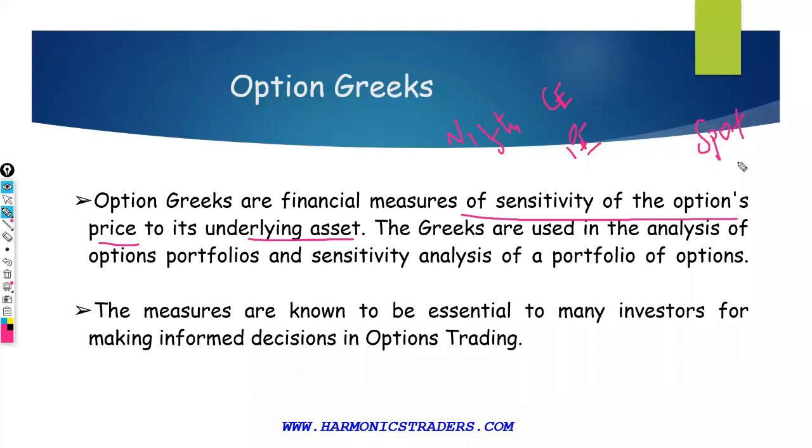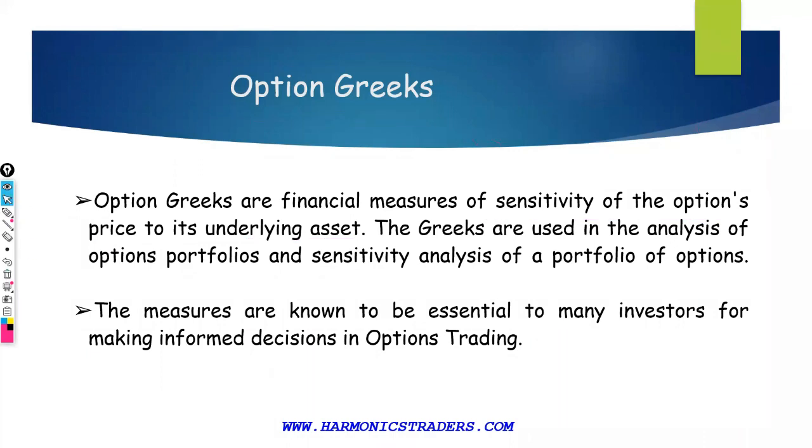Whenever spot changes, not all the CEs increase equally, or all the PEs decrease equally, right? So what is the parameter, or what is the basic mathematics with respect to the option strikes and the movement? That is what the option Greeks are defining. And of course, they do help investors as well.